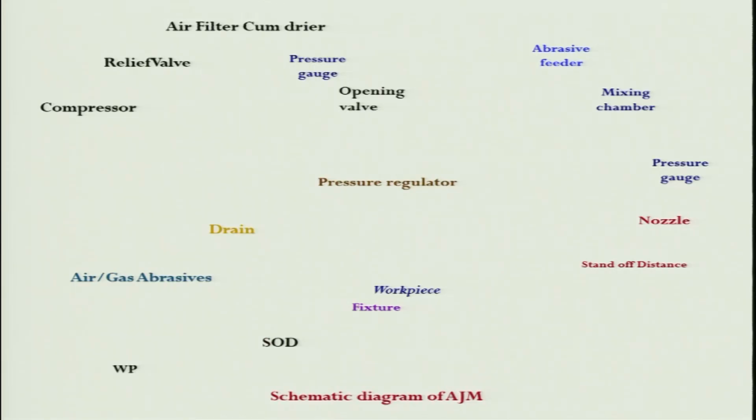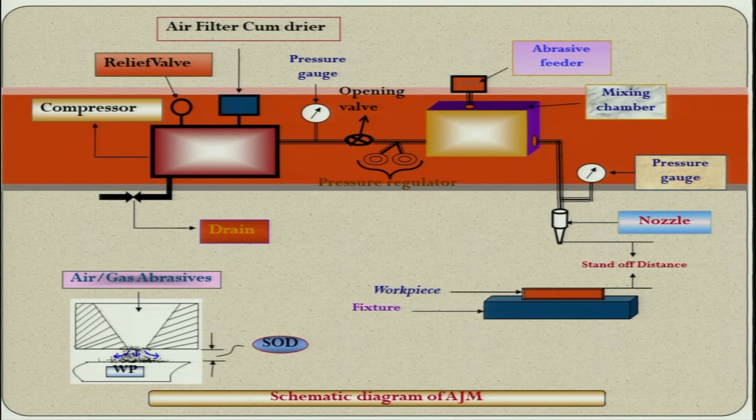Now, let us see another schematic diagram of the abrasive jet micromachining setup. Before I tell about this, you can see here air or gas and abrasive particles coming through this bottom part of the nozzle, and this is the tip or inner diameter of the nozzle at the bottom face, and this is the workpiece.